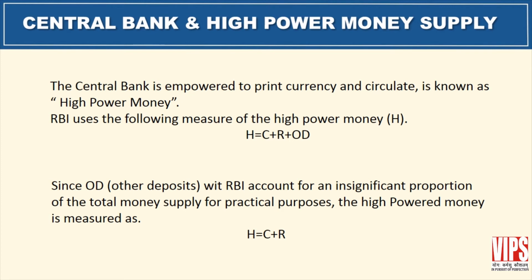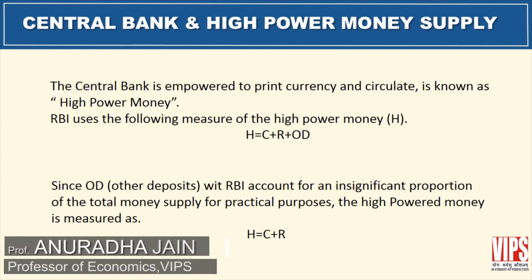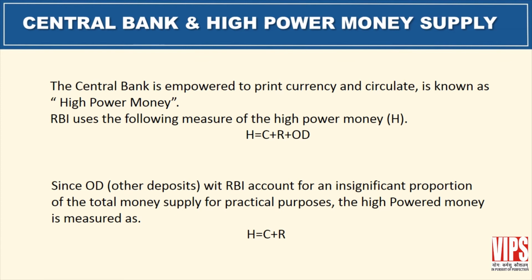In practice, however, most countries have adopted a minimum reserve system at present. In India, there are two sources of high power money, as we have discussed: the Reserve Bank of India, the central bank, and the Government of India. RBI issues all the notes of denomination of 2 and above, and RBI calls it reserve money.